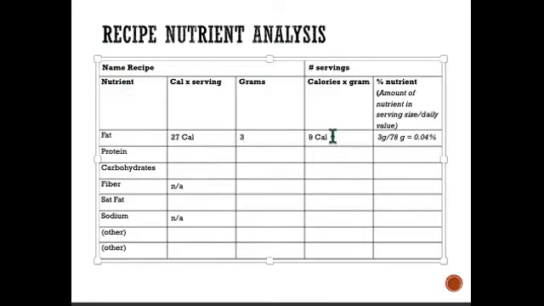And calories per gram, as we saw before on fat, is 9 calories. So you will say that only 3 grams of fat are in your recipe, and you will go and find what is the daily value for fat. In this case, the daily value for fat is 78 grams, and your recipe only had 3.